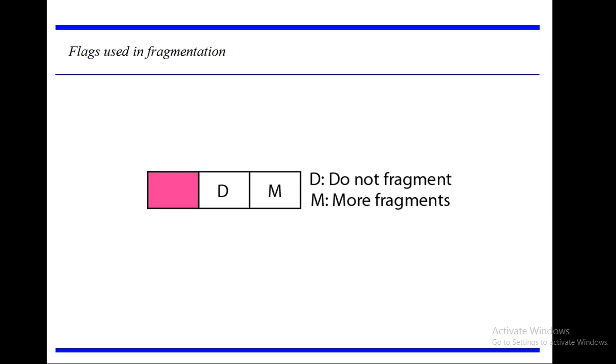If do not fragment is 1, then it will not be fragmented. If D is equal to 0, then it will be fragmented. M, if it is 0, it means it is the last fragment. If M is equal to 1, it means there is at least one more fragment which is going to appear after the present fragment. That is indicated by the flag.